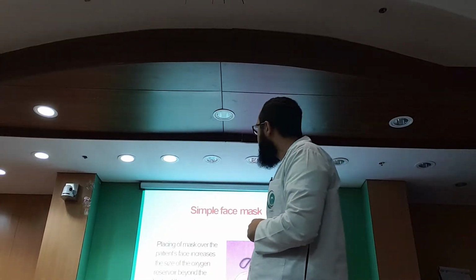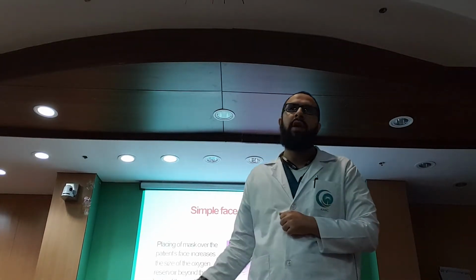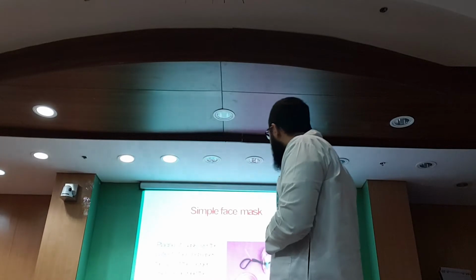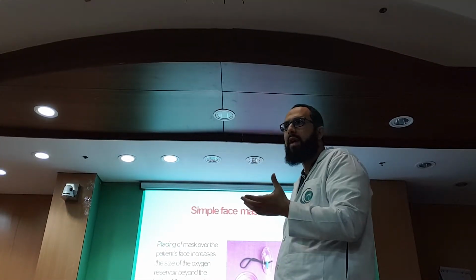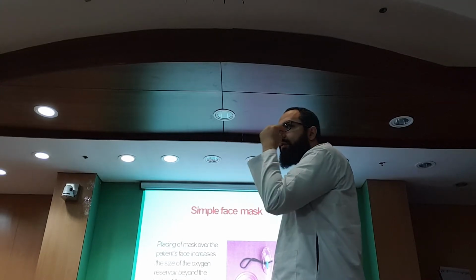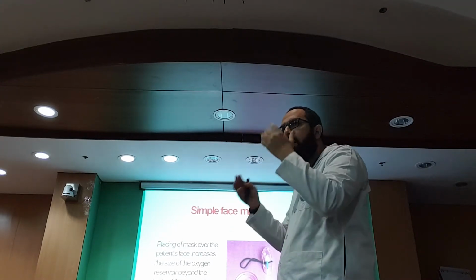So a higher flow, up to 10 liters, can be given with the simple face mask. A simple face mask is just a mask that covers the nose and the face; try to use a proper size. It has holes on the side. These holes allow the exhaled air to go out. Then fresh air will come in with the oxygen. So there is not only oxygen, there is also room air coming from these holes.